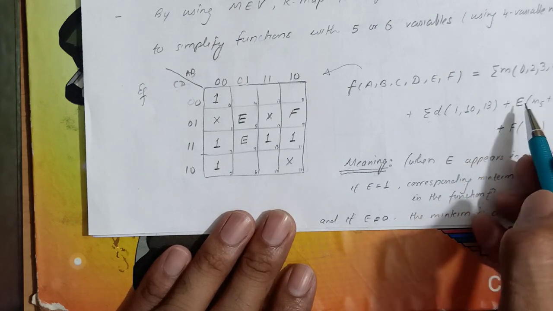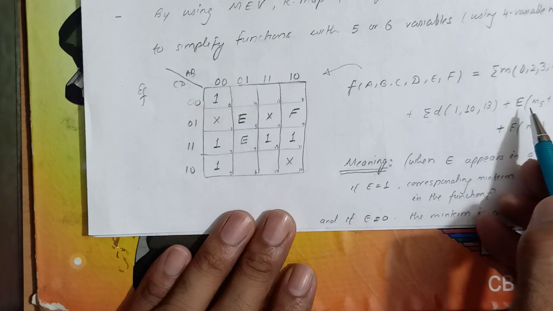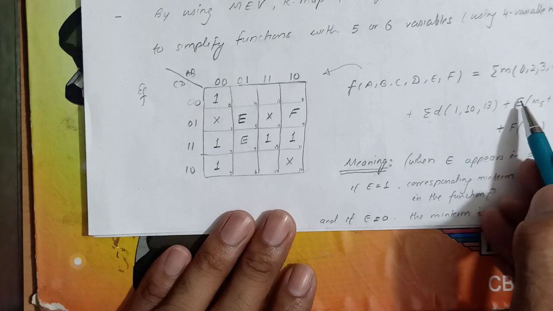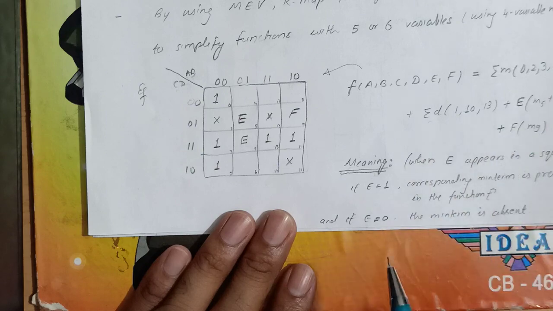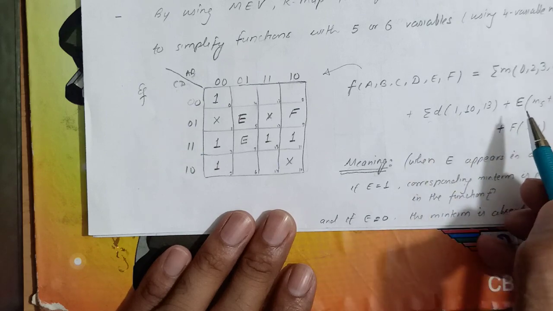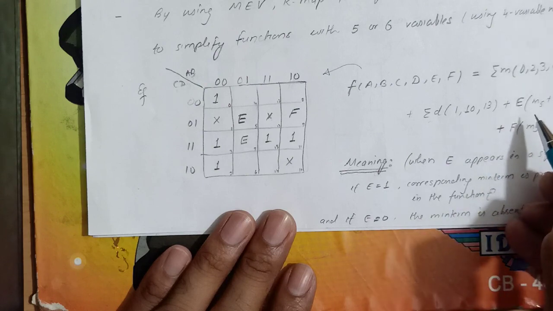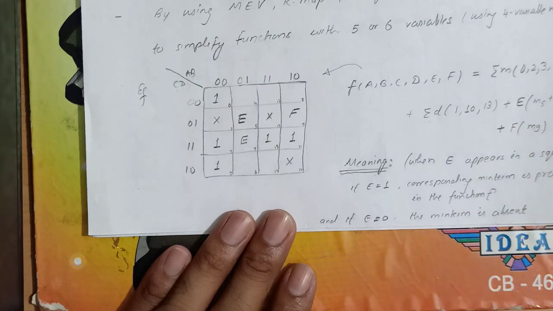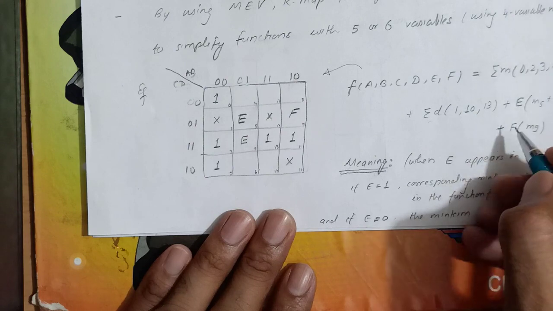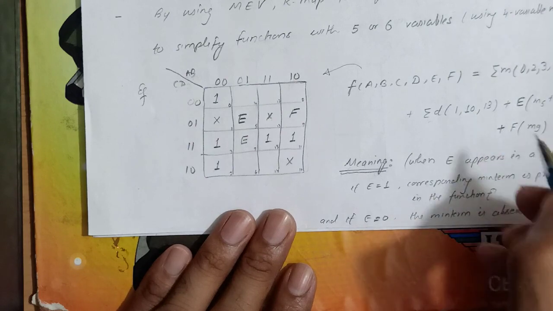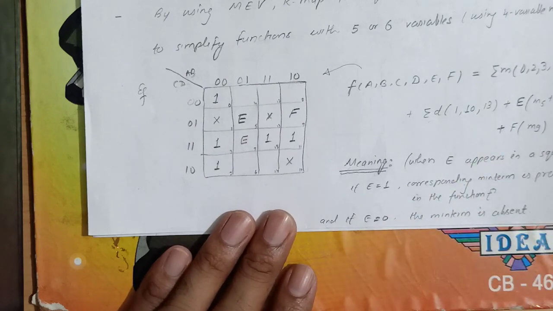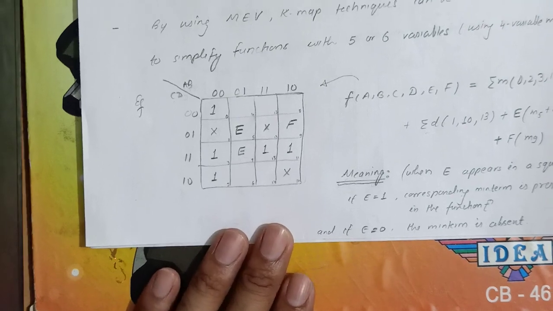It can be either 0 or 1. Okay, so if e appears in any square of the K-map, in that case, if e equals 1, these two minterms will be present, or if e equals 0, these two minterms will be absent. So that is the basic meaning of the variable entered method.